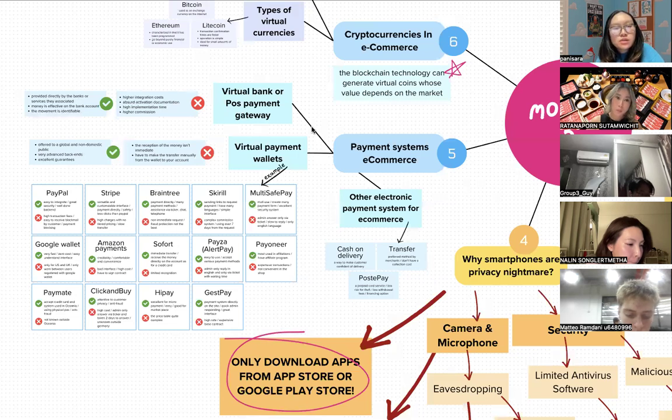And the virtual payment wallet is like PayPal, Braintree, or Stripe. It has advantages like offering to a global and non-domestic public, very advanced backend, excellent guarantee. And disadvantages like the reception of money isn't immediate; you have to make the transfers manually or automatically from the wallet to your account.